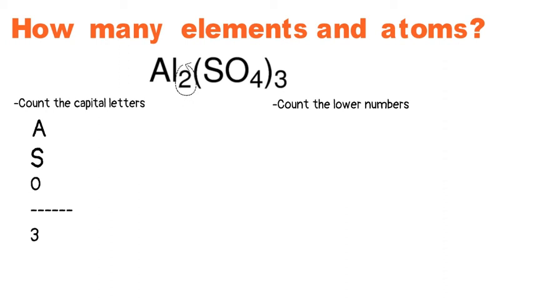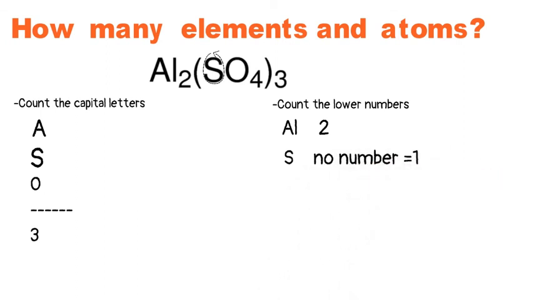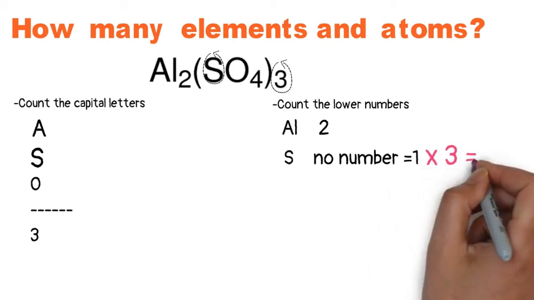Beside the Al, or the aluminum, we have 2, so Al equals 2. The S has no number beside it, so we will put 1. But the sulfur is inside the brackets, and outside the bracket there is the number 3, so we should multiply 3 by 1. So the sulfur atoms here, 1 multiplied by 3, equal 3 sulfur atoms.